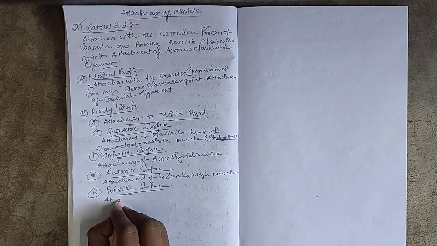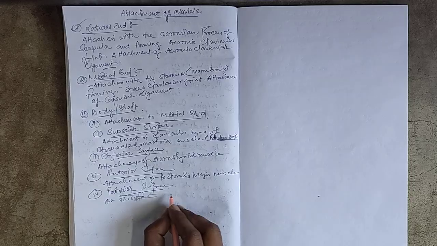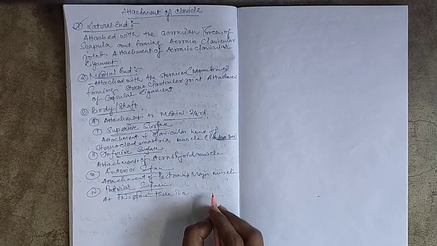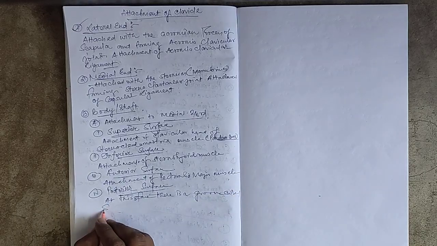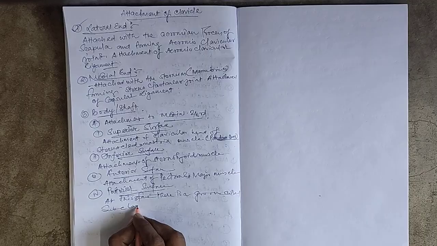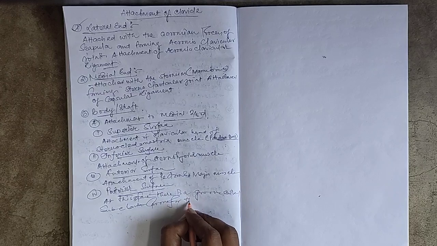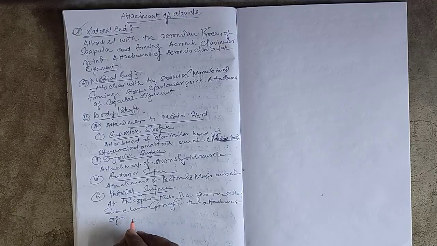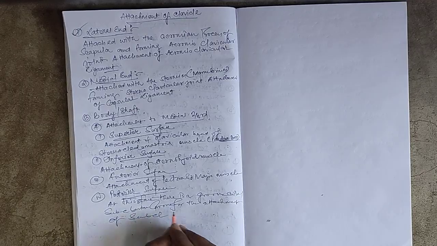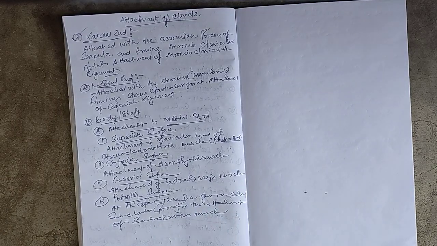At this surface, there is a groove called subclavian groove for the attachment of subclavius muscle. So these are the attachment of the medial two-third.